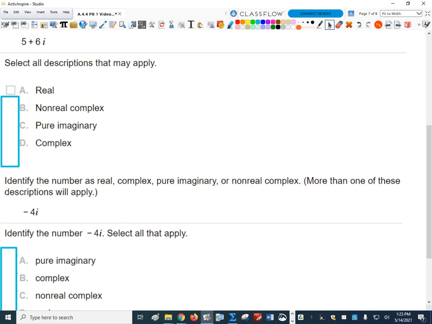It's not real, and every number is complex, so one of those two things has to be true: either it's real or it's a non-real complex. So it is non-real complex. Is it a pure imaginary? Thumbs down, everybody agree? How do we know? Because there's a real part. A pure imaginary would have no real part. Is it complex? Well, yeah, every number's complex.